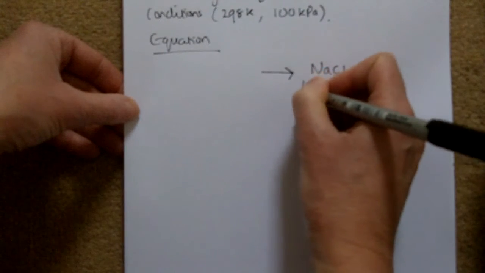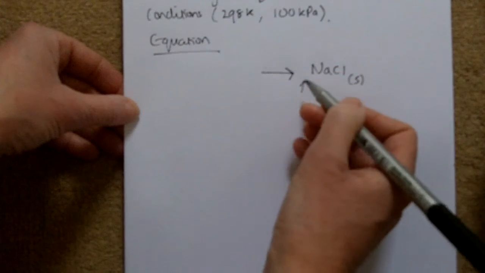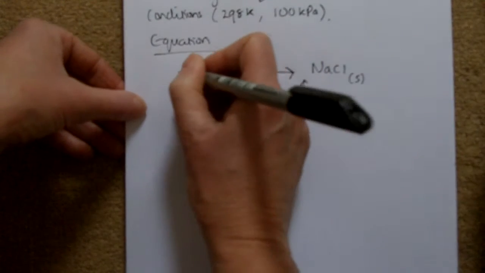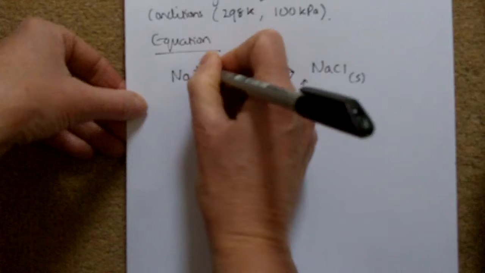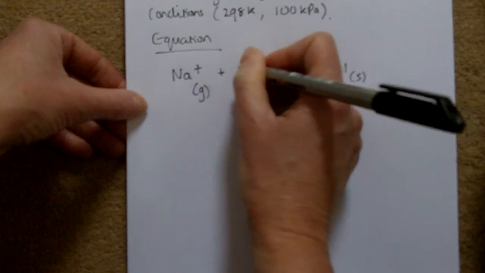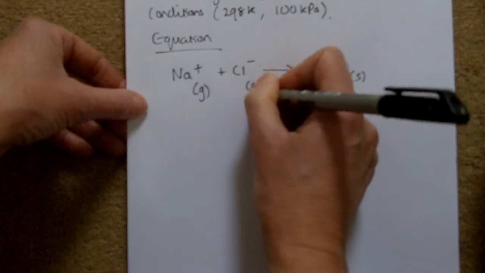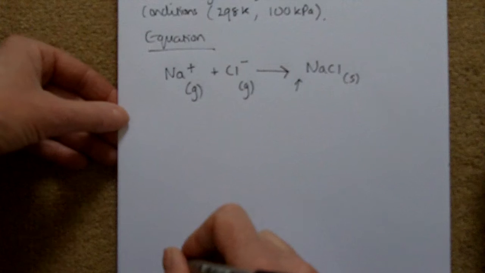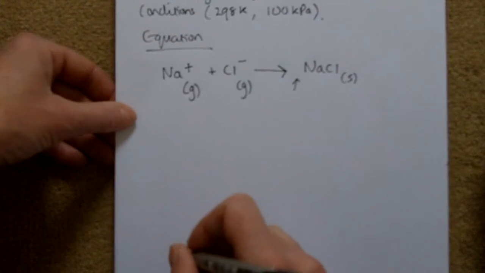Do not write a number there, because it's the formation of 1 mole of ionic compound from its ions in the gaseous state. So it's really important that they're in the gaseous state like that, okay? So that's an equation to represent the lattice enthalpy of sodium chloride.